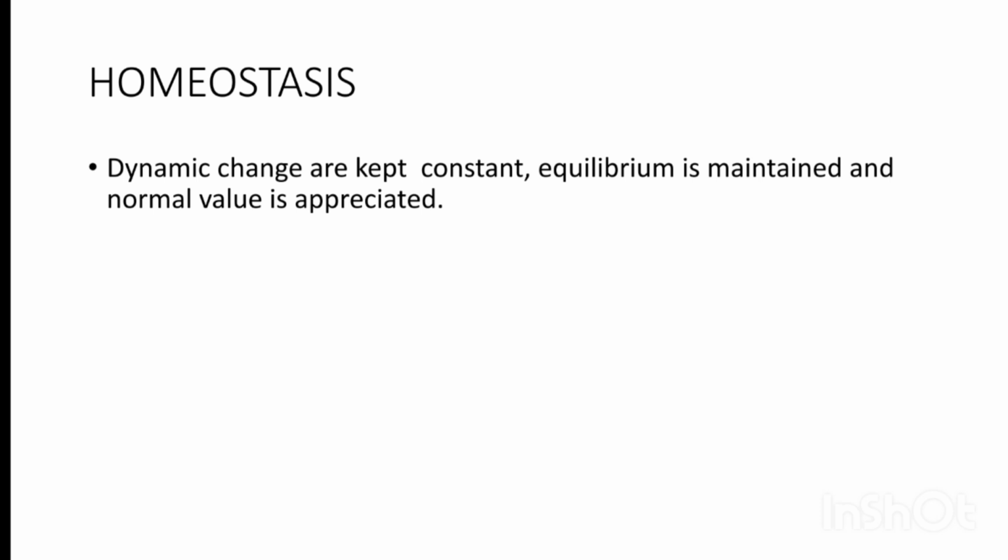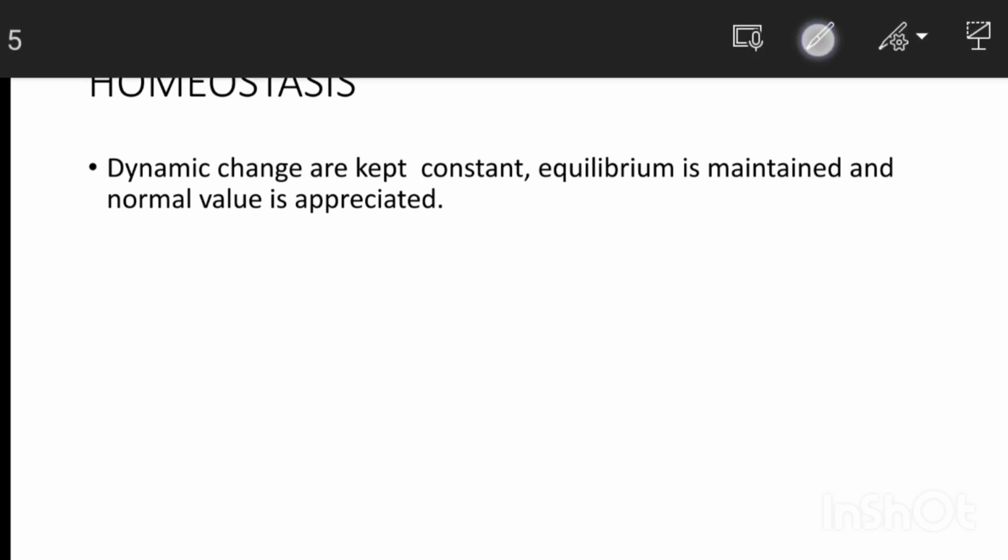So let's start with the topic of today, which is homeostasis. Mainly from the exam perspective, there are three keywords in the definition of homeostasis that you need to remember: the constant word, the equilibrium word, and the normal word.